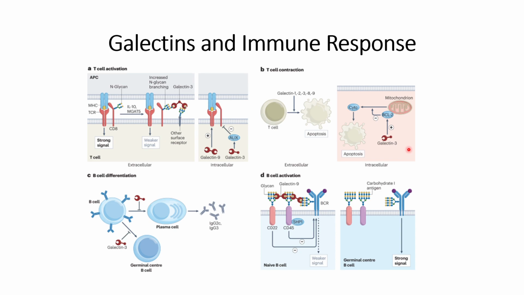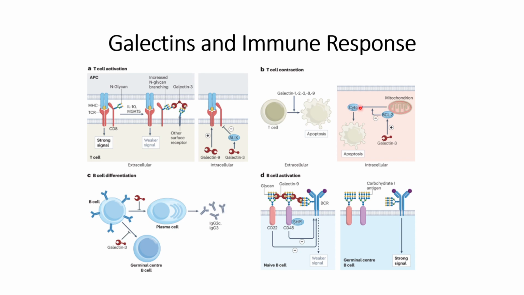Another intracellular relationship of galectin is that it will prevent apoptosis by reducing cytochrome C leakage from the mitochondria, with the help of BCL2 binding to the mitochondrion.